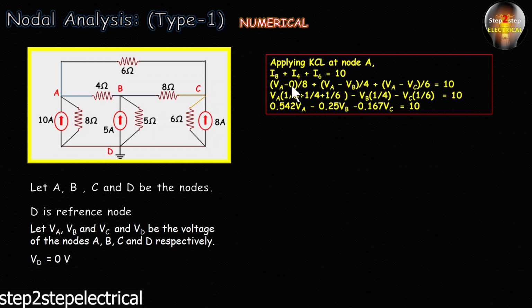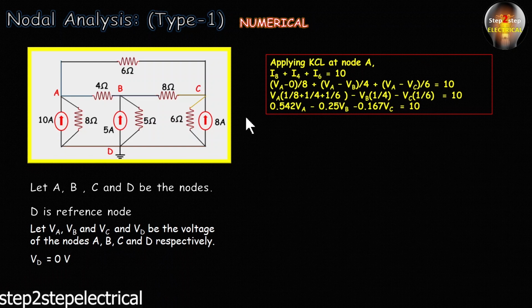So I8 is replaced by (VA minus 0) upon 8 plus (VA minus VB) upon 4 plus (VA minus VC) upon 6 is equal to 10. On simplifying, we get 0.542 VA minus 0.25 VB minus 0.16 VC is equal to 10. This is the first equation.